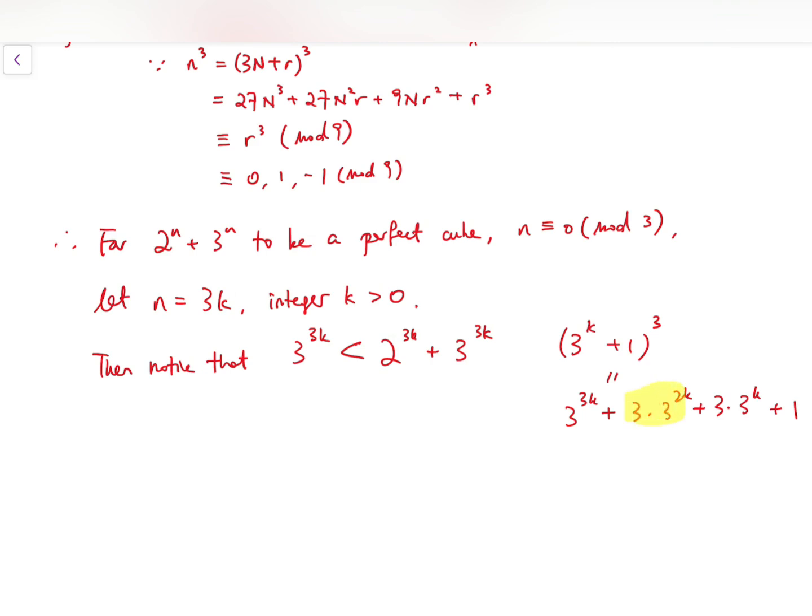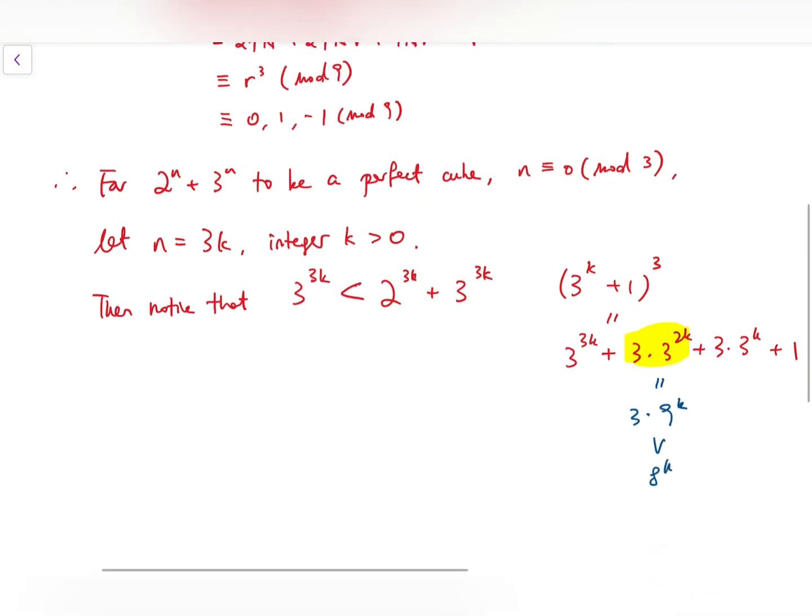And even the second term itself is equal to 3 times 9 to the power k, and that is larger than 8 to the power k. And so we know that our given expression must be smaller than 3 to the power k plus 1 all cubed.